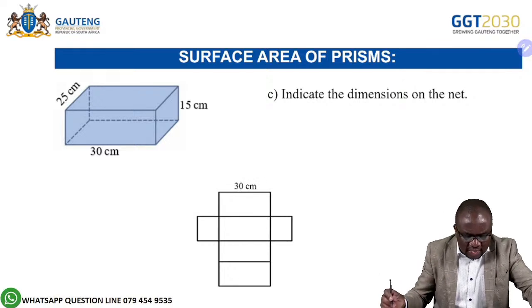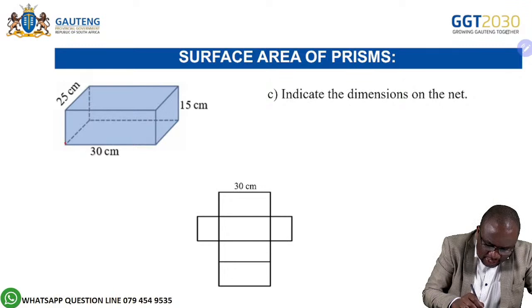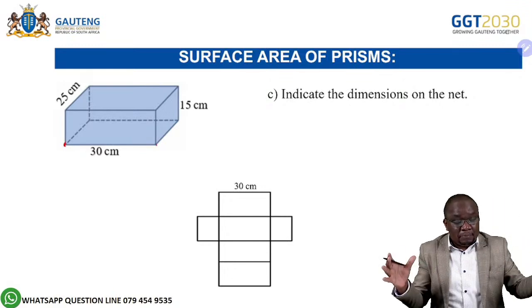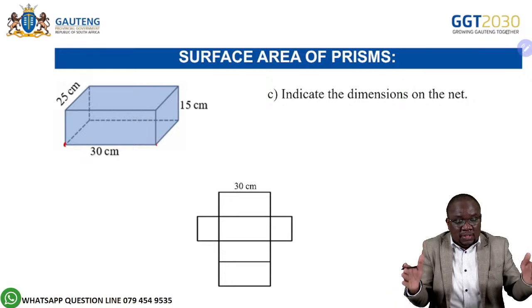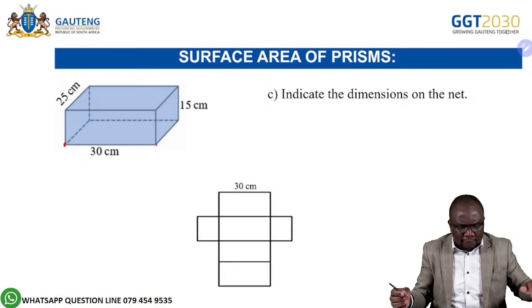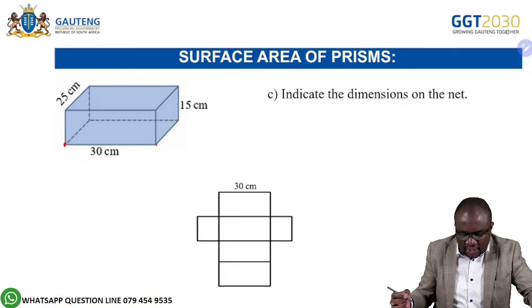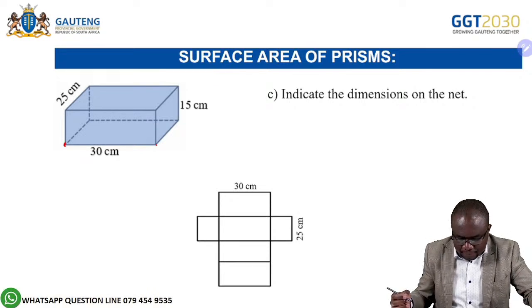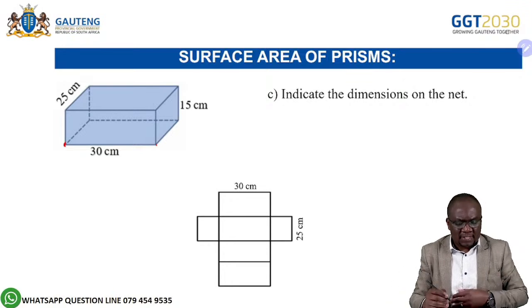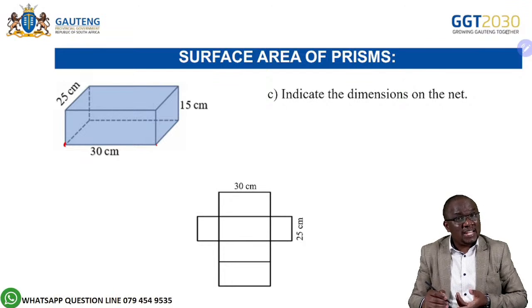Okay, right now, so this is from there up to there. That is actually the height of the prism. You see that? Because it is between the 2 parallel bases. That is the height of the prism. That's 30 there. And then we have, what will be this one? The 25. That's the width of the prism. Do we have any other side which is 25?